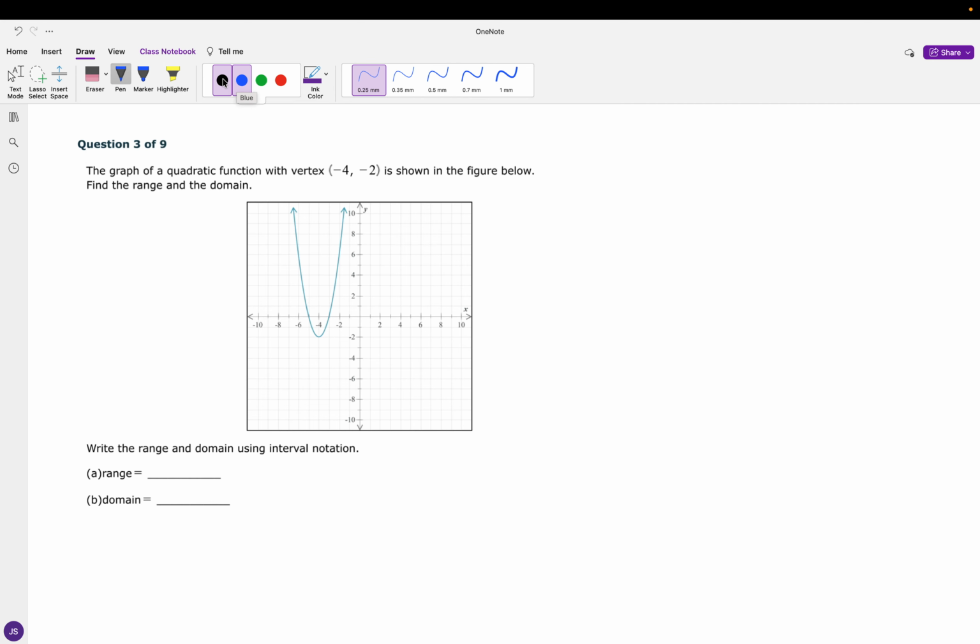Now we got the vertex, which looks like it is located at negative 4, negative 2. If we look at the domain first, notice you have continuous motion horizontally. The function is opening upward, moving to the left as well as moving to the right continuously.